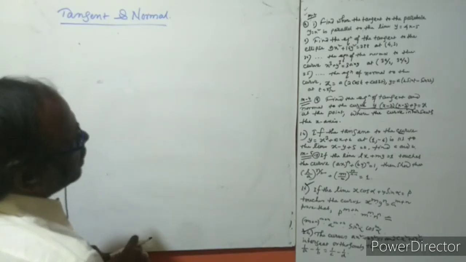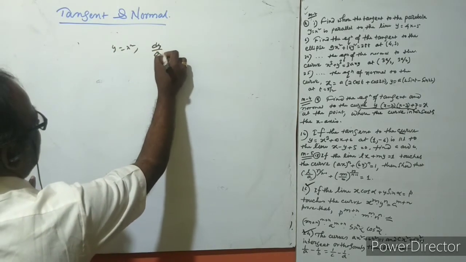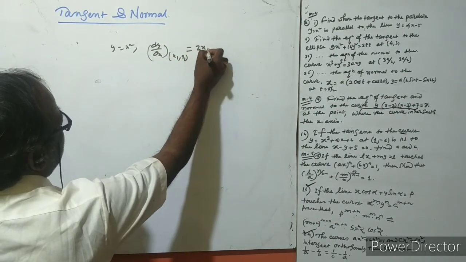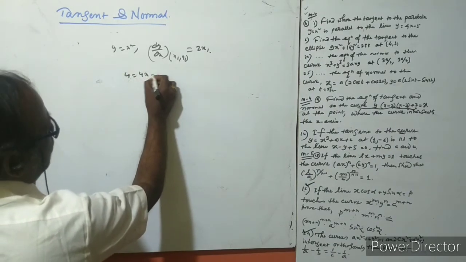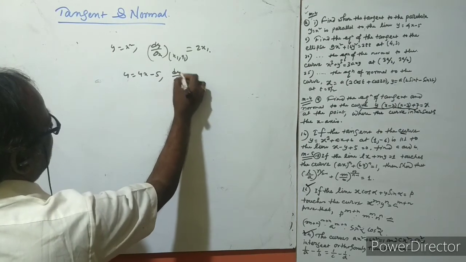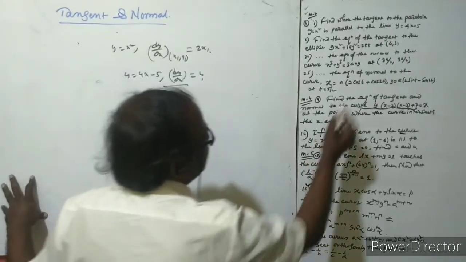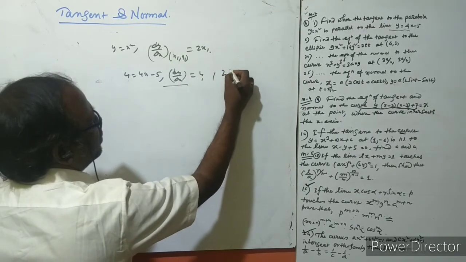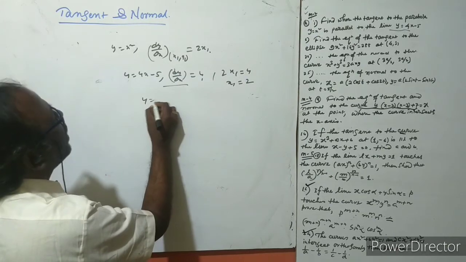Find where the tangent is parallel. So here y equals x squared; differentiate: at the point (x1, y1) where it is parallel, the slope is 2x1. Now y equals 4x minus 5; if we differentiate, we get 4. The tangent is parallel to this line, so we can equate them: 2x1 equals 4, so x1 equals 2, and the point lies on the curve.